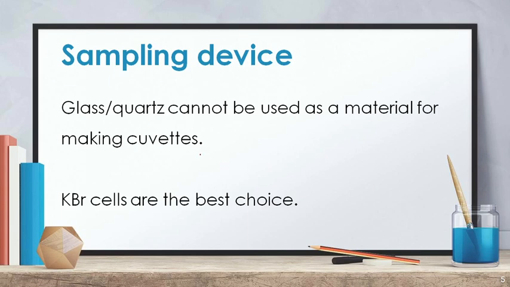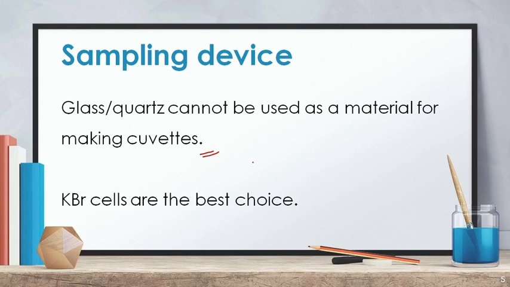Cuvettes are the compartments in which the sample has to be inserted. Glass absorbs strongly at most of the frequencies in this region, so that's why we cannot use glass or quartz.